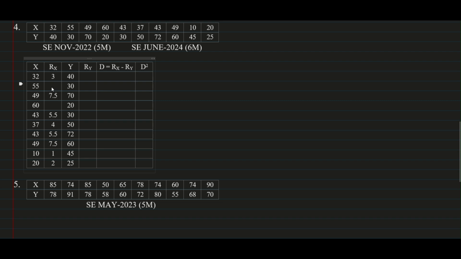Then 55 is assigned rank 9, 60 is assigned rank 10. In y, the smallest value, 20, is assigned rank 1, then followed by 25. Then 30 occurs twice for ranks 3 and 4, and the average of 3 and 4 is 3.5, which will be assigned to both the 30s.